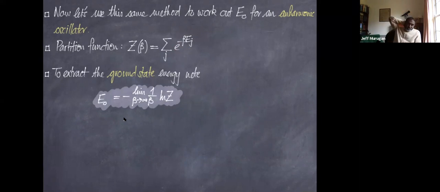And diagonalizing a matrix is, in computer science lingo, a very difficult problem as the size of the matrix gets bigger and bigger. So we would like to do better than just writing down this expression. And it turns out we can, because we in fact have an expression relating the partition function to the path integral. And it goes like this.